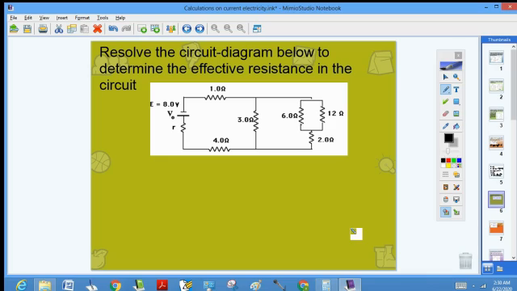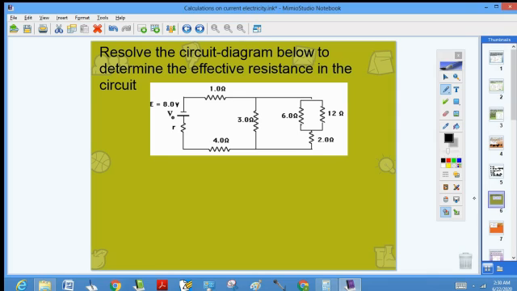The resistances we have, starting from here, we have this, that, and that. Up to 1, 2, 3, 4, 5, 6 resistances connected in both parallel and in series. So we need to know what to do to find the total or effective resistance in the circuit.